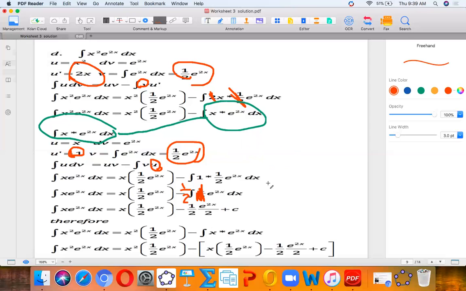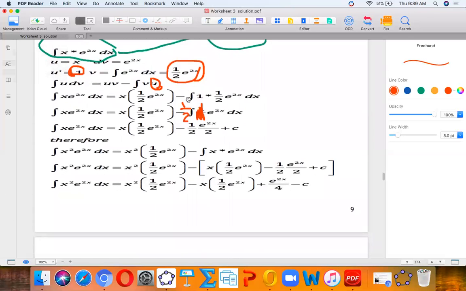When we integrate e to the 2x and get e to the 2x over 2, we should be simplifying. So 2 times 2, I'm expecting you to do that. Now you don't have to do it now.